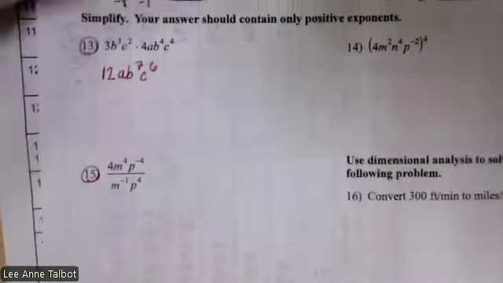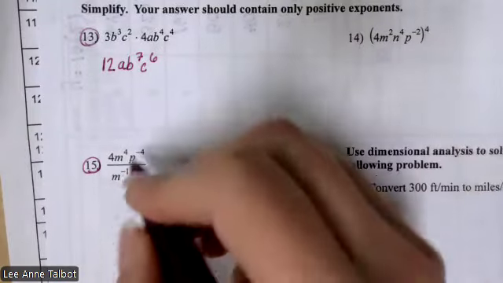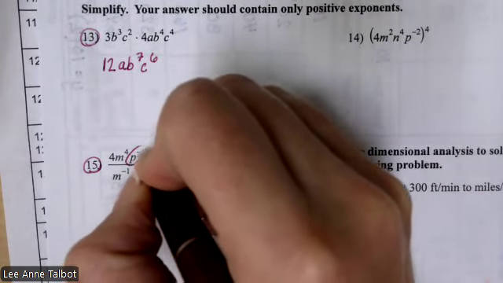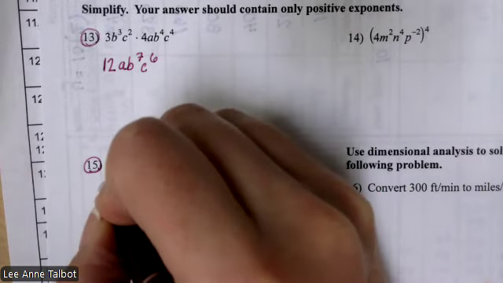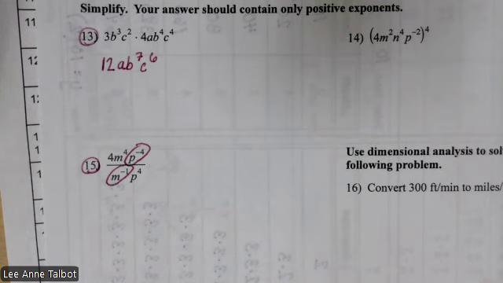Okay, now let's go to number 15. This one's spicier for sure because it's got the negatives. So the first thing we notice is that it's division, but I am going to circle this one and this one. From your previous exponent training, why did I circle those?